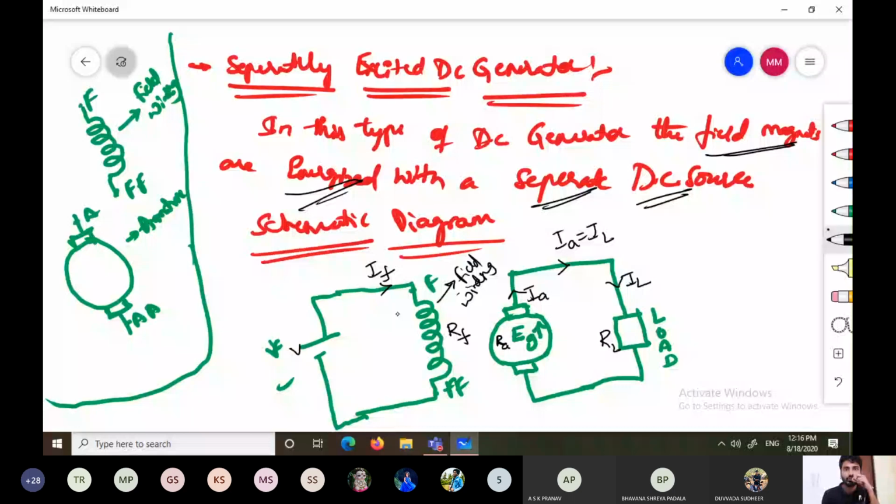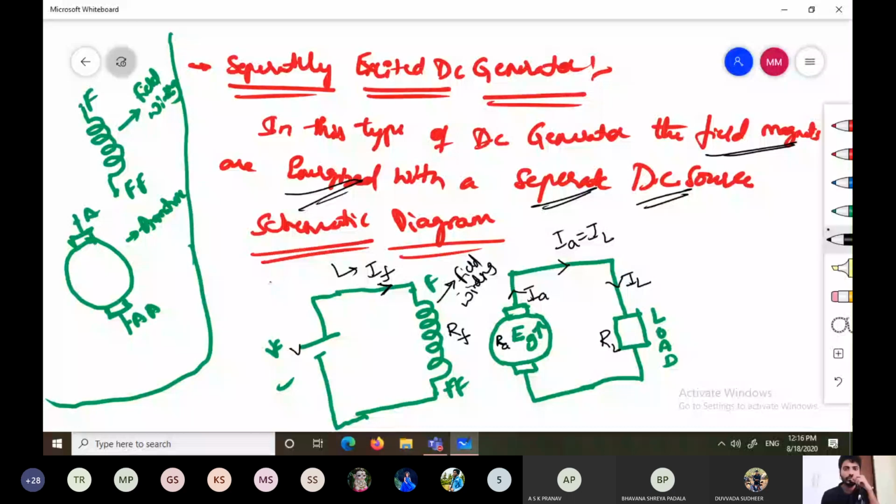So the current will pass from this battery through the field winding. IF is the field current, and RF is the field resistance.